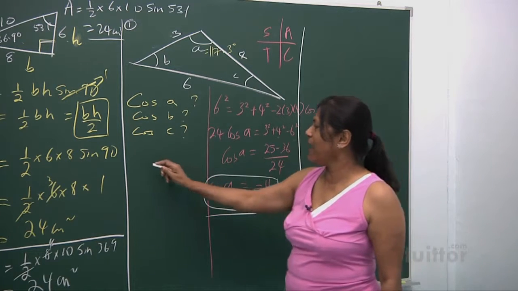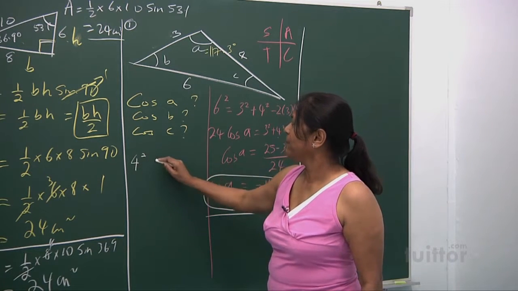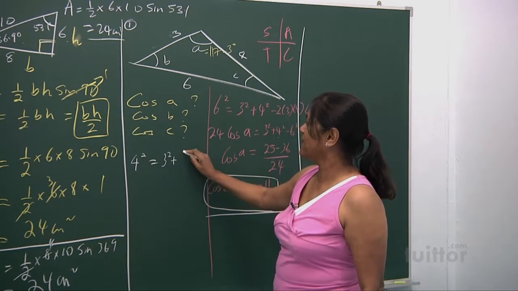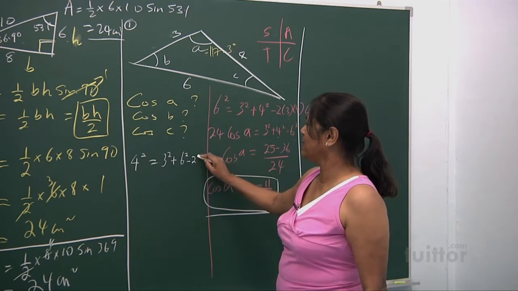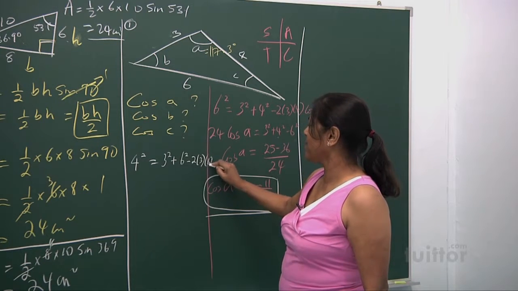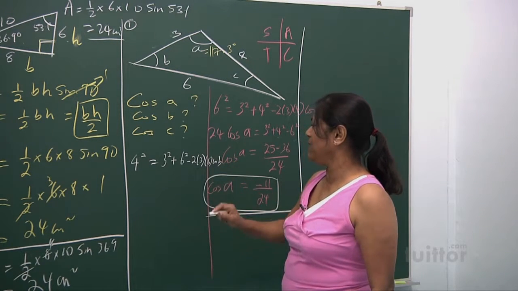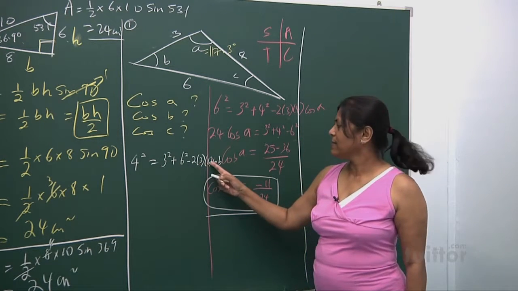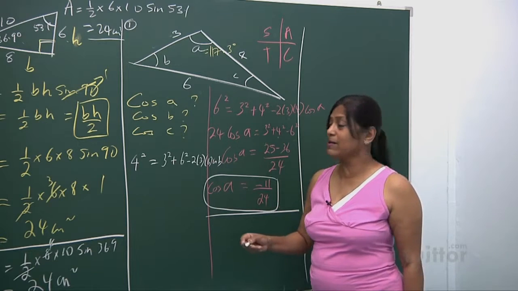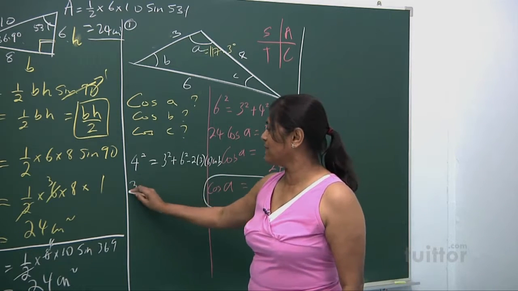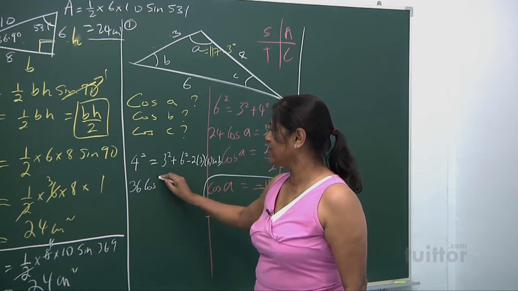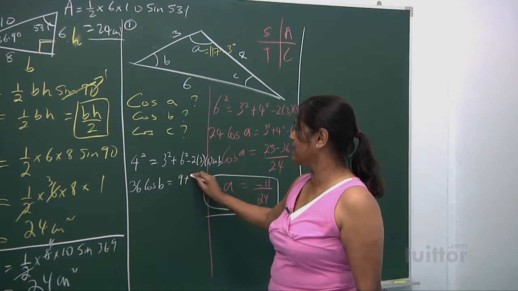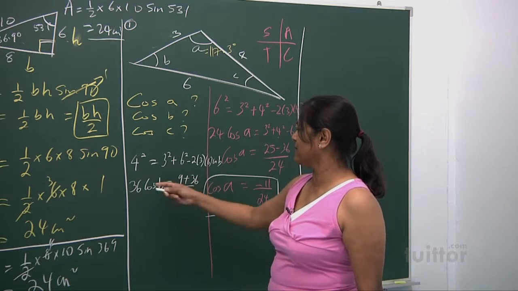So we say 4 squared is equal to 3 squared plus 6 squared minus 2 times 3 times 6 cos B. Carry this whole thing over. 2 times 3 is 6, 6 times 6 is 36 cos B. The minus becomes a plus. 36 cos B.